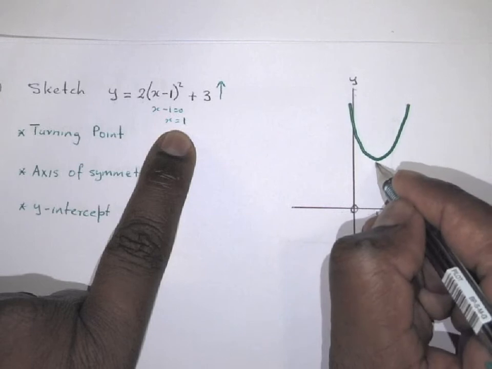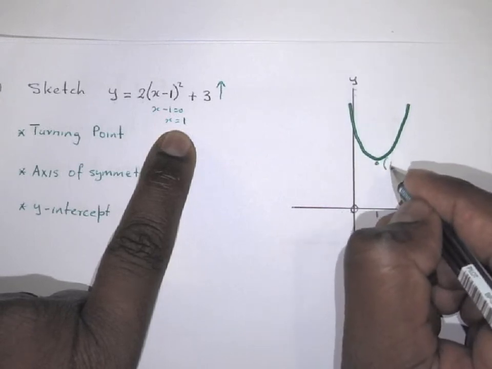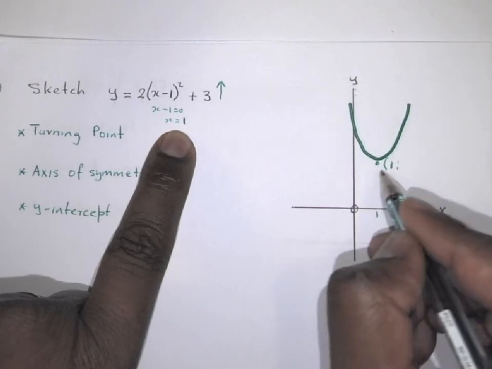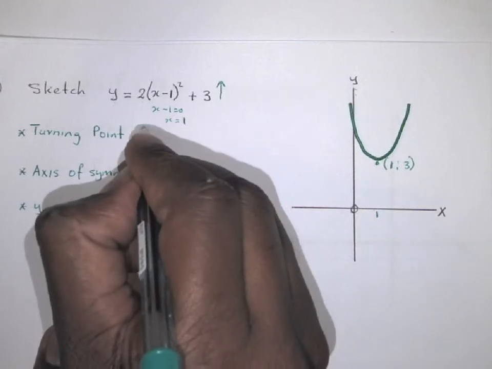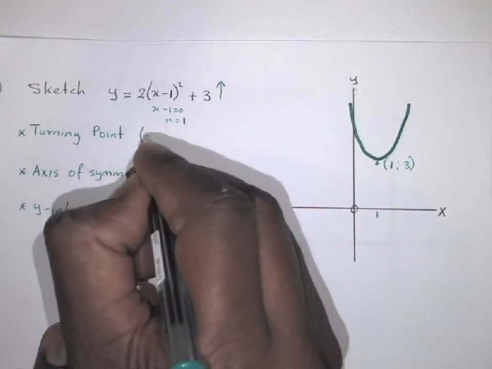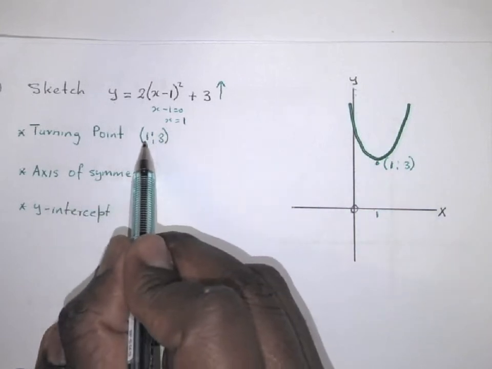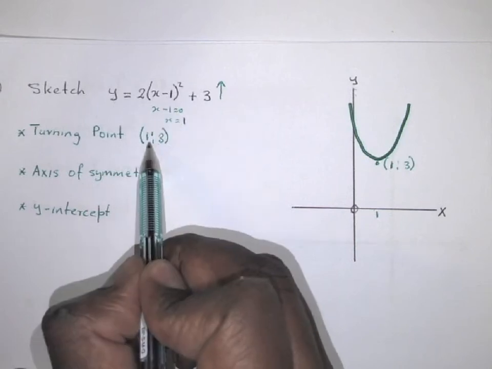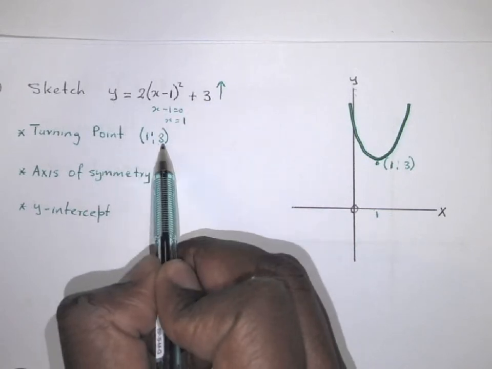So the turning point will then be there, x is 1, and y is 3. So my graph has a turning point of (1; 3). We can see the turning point can be found from here. You solve for x, you get your 1, and the 3 is that value as it is.